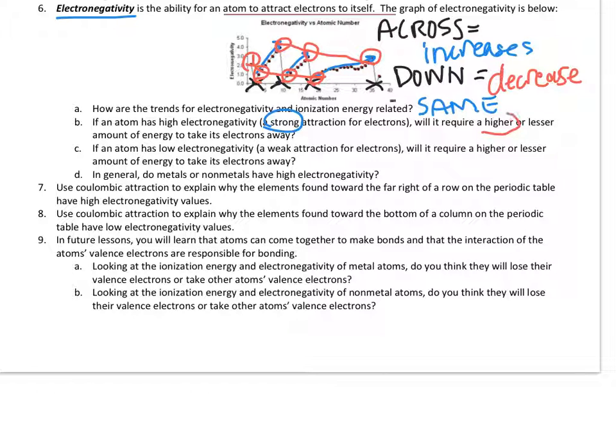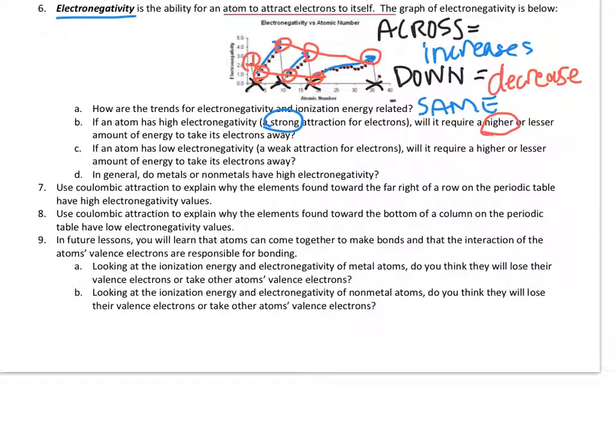And so you're going to have to put in more energy to take away its electron. So that's why high electronegativity relates to high ionization energy. Strong attraction for electrons means that you have to input more energy in order to take away that electron.